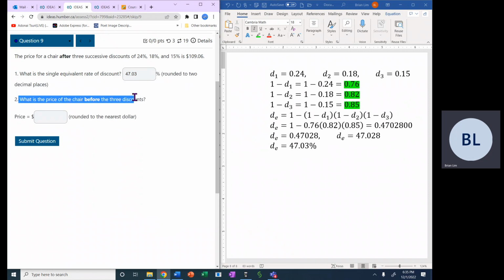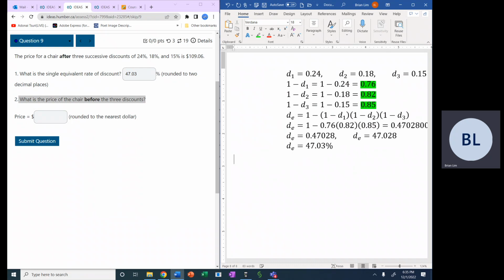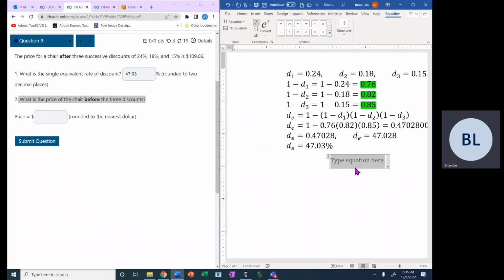Now, what is the price of the chair before the 3 discounts? In order to do that, we can say that the price after the discount, the net price, where we use the price before the discount as the list price, is 1 minus D, the equivalent rate of discount, but in this case we have to use the decimal number.